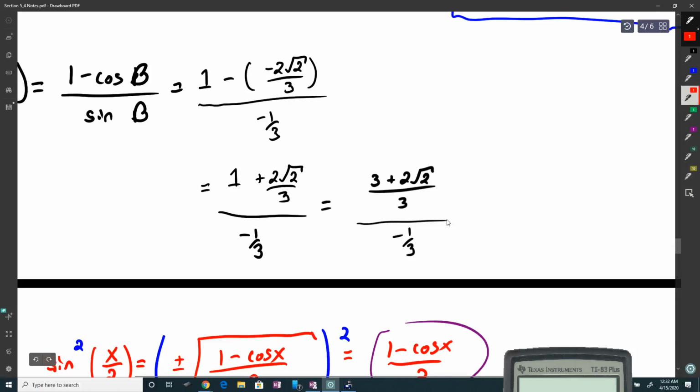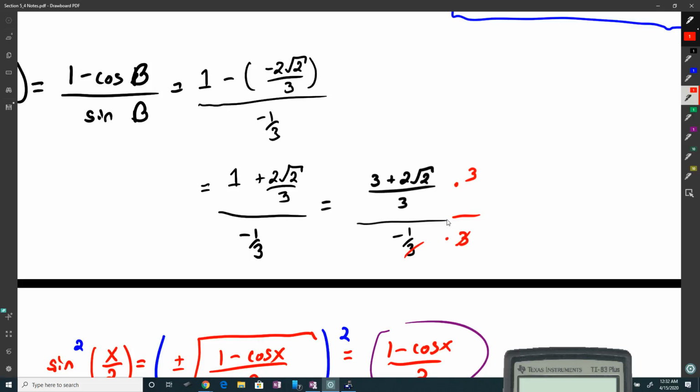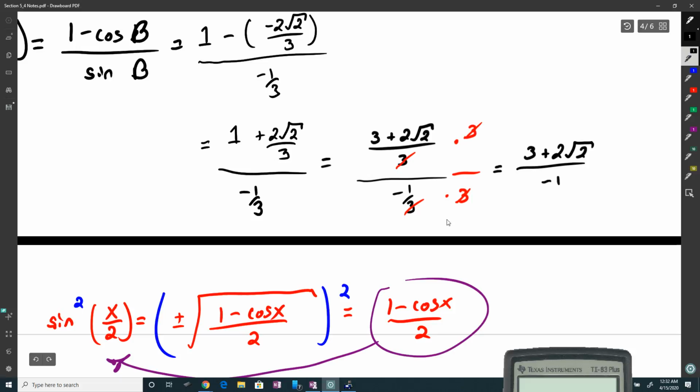And so I can just multiply everything by 3. So the 3's cancel, and you end up with 3 plus 2 square root of 2 over negative 1, which just makes everything negative.